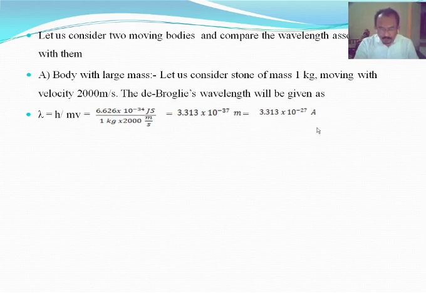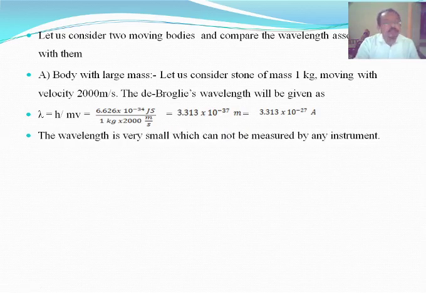If you see the magnitude of this wavelength, it is in the range of minus 37 and the mass is 1 kg. Compared with this mass, the wavelength associated with this stone is very small, and therefore it cannot be measured by any instrument. When mass is large, wavelength is very small.